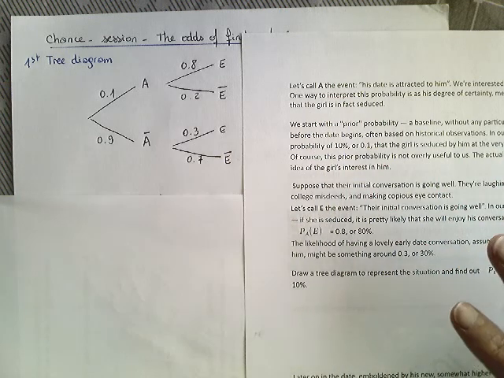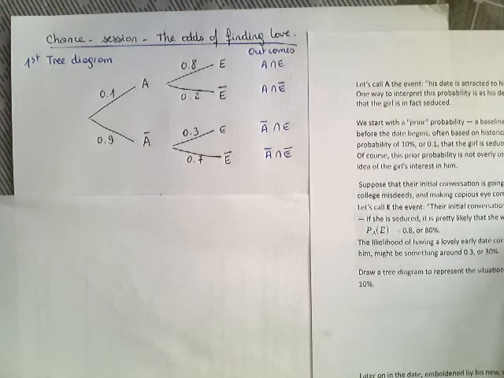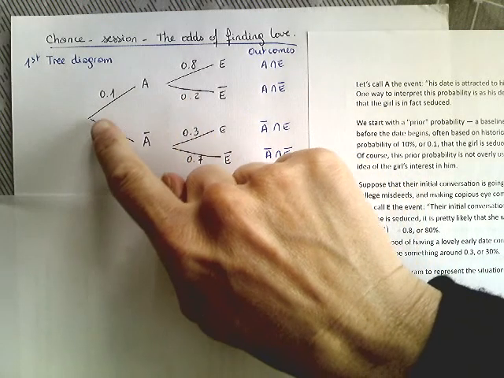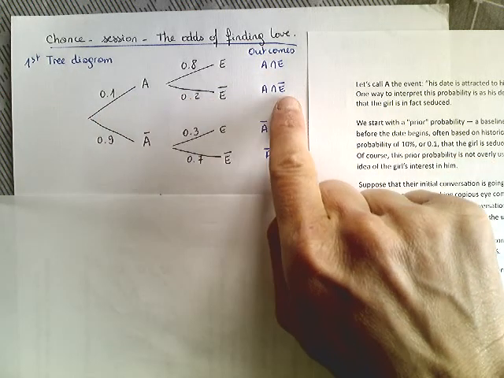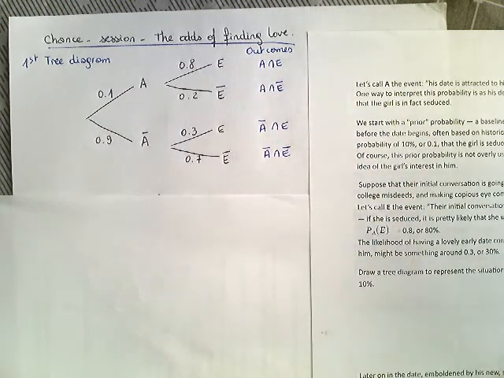We complete this tree diagram with the different outcomes of this situation. So for this branch, it will be A and E, A and not E, etc. And then we can find out the probabilities of these outcomes.